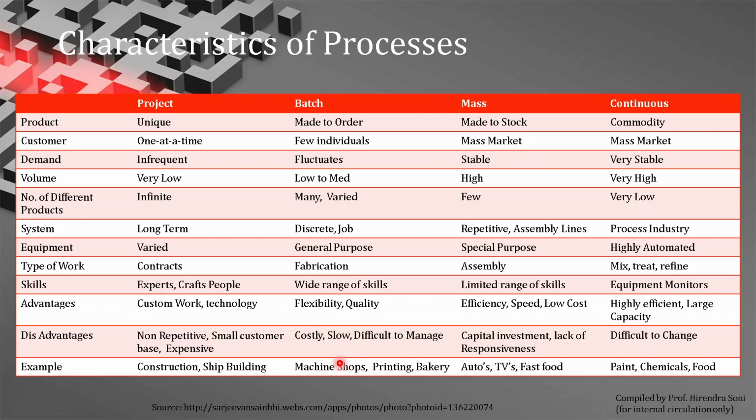Even these are a bit expensive, but the advantage is they offer flexibility in terms of accommodating different batches of products. It is slow and difficult to manage. Examples: printing, bakery shops, baking activities, machine shops.